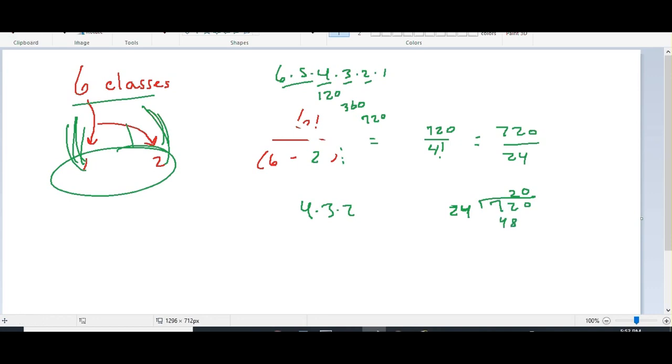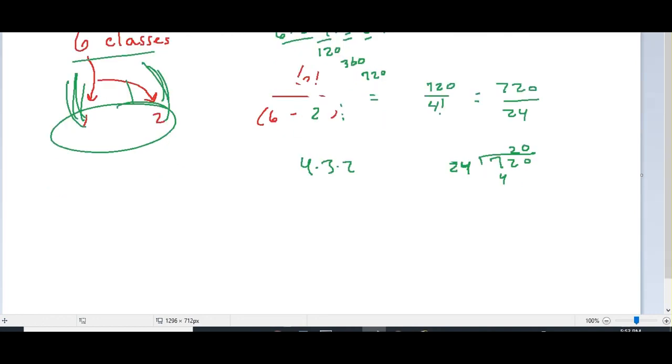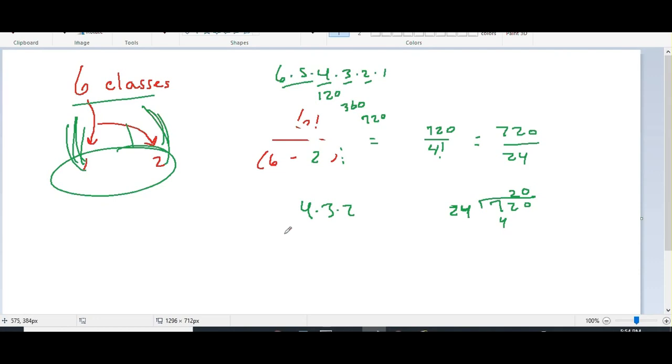No, 3 times. Evenly, doesn't it? Whoopsie. Because 24 times 3, yep, is 72. So 3, and then it's coming out even. So you got 30 different ways.